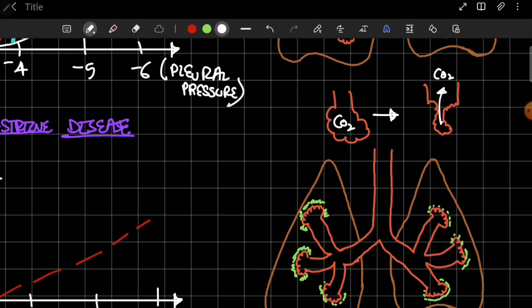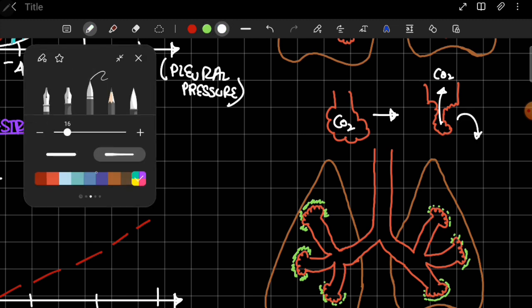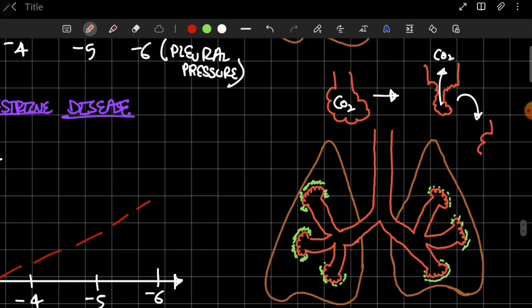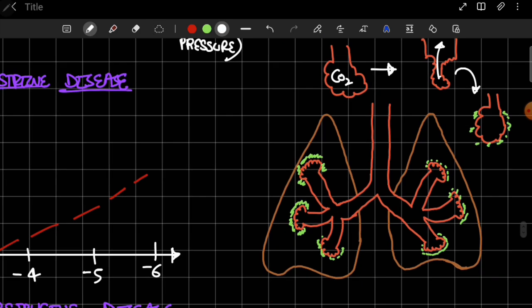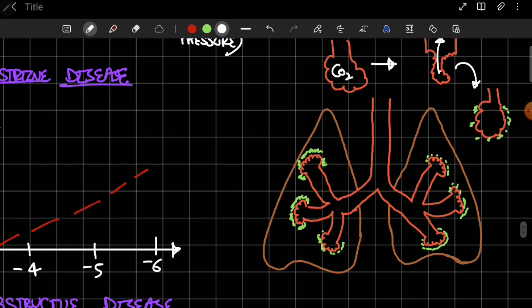Now what does this lung parenchyma do? Lung parenchyma basically retracts the alveoli to its original shape. So this was CO2 in the alveoli. If we press the alveoli, the CO2 goes out, and due to the lung parenchyma, the alveoli comes to its original shape. Now what happens in restrictive lung disease?